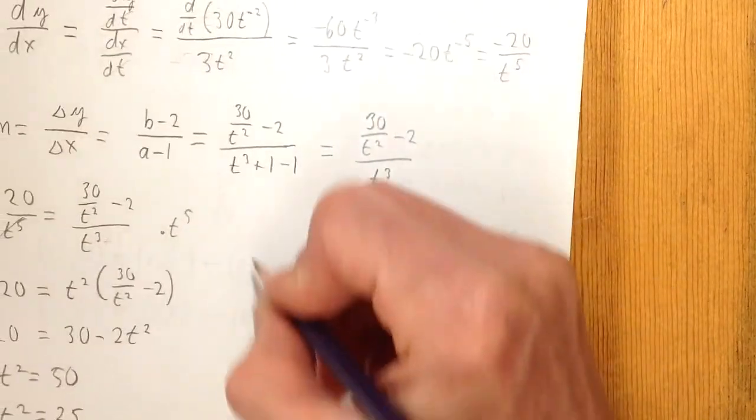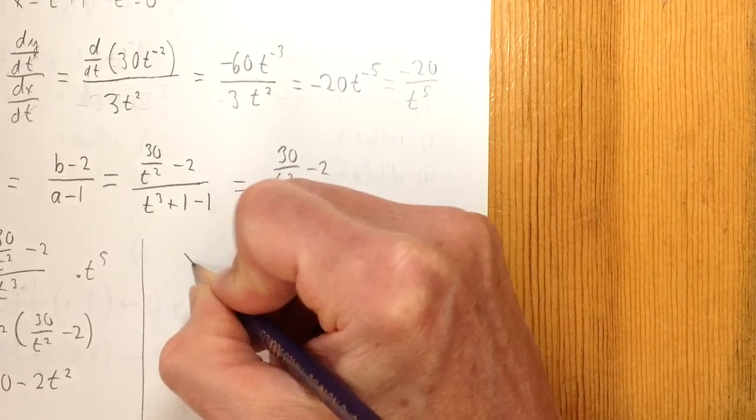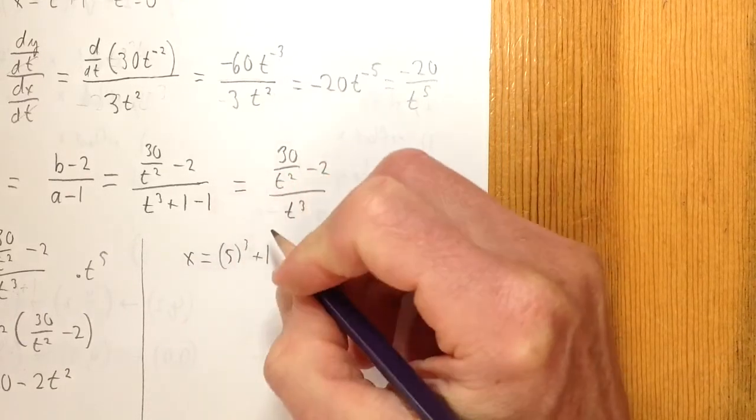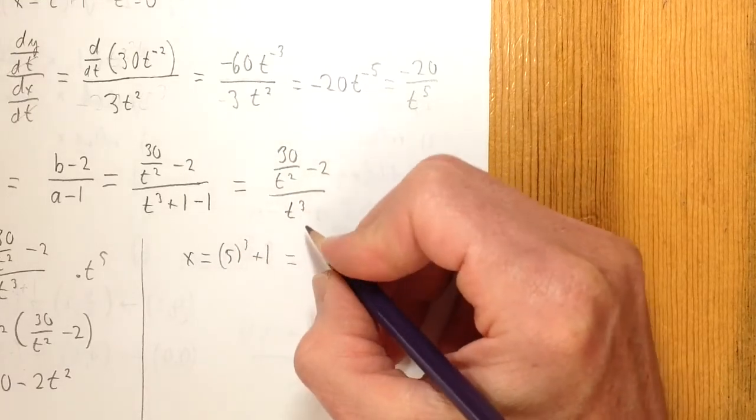So when t equals 5, I'll do that over here so I can get one piece of paper. So when t equals 5, x is equal to 5 cubed plus 1, 5 times 5, 126, I guess.